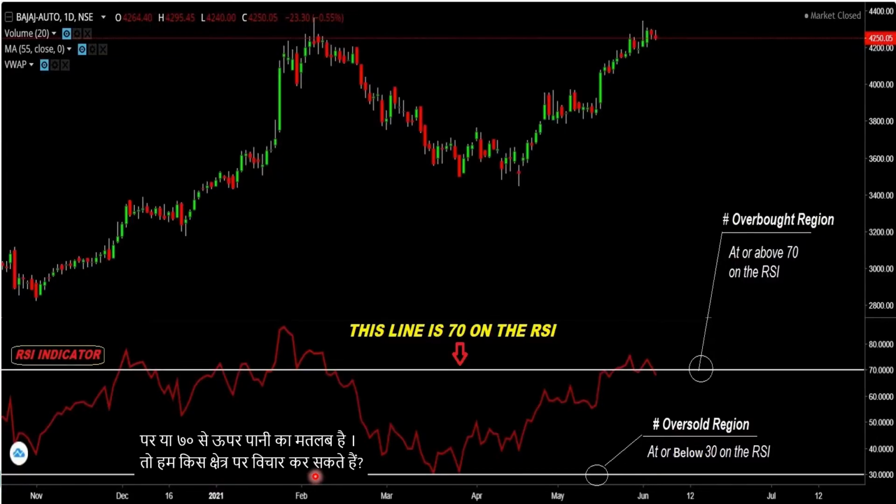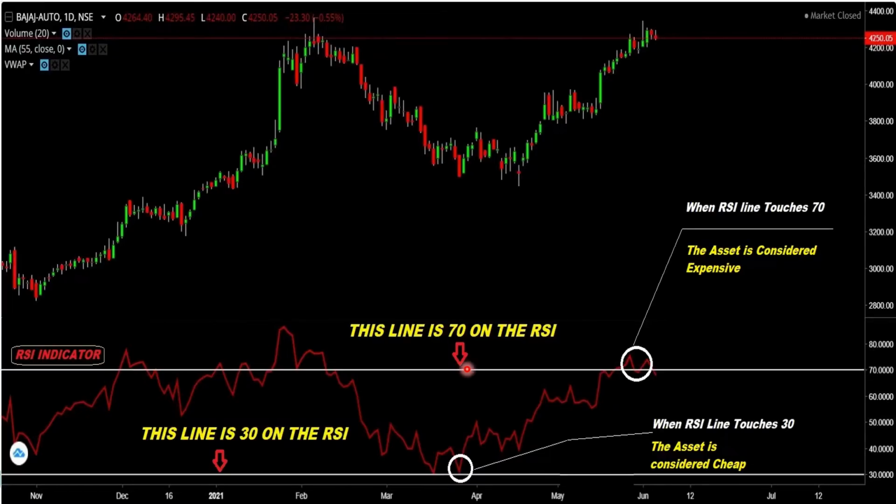This is the 30 RSI line. At or below 30 means oversold. So it's considered the oversold region.